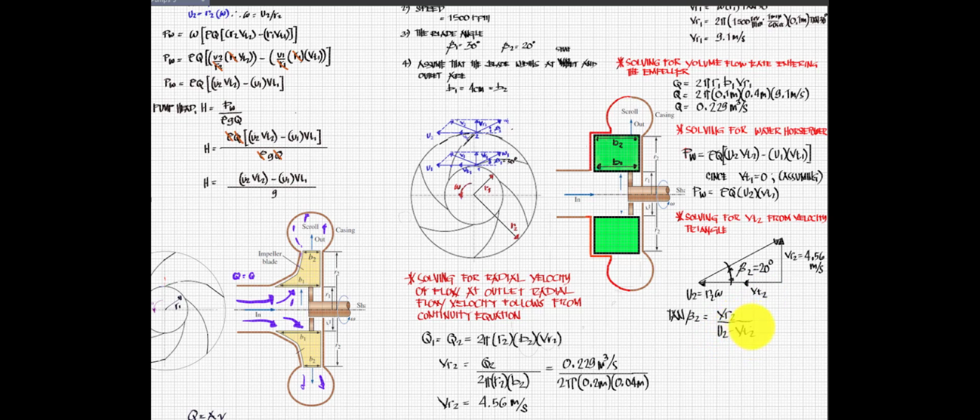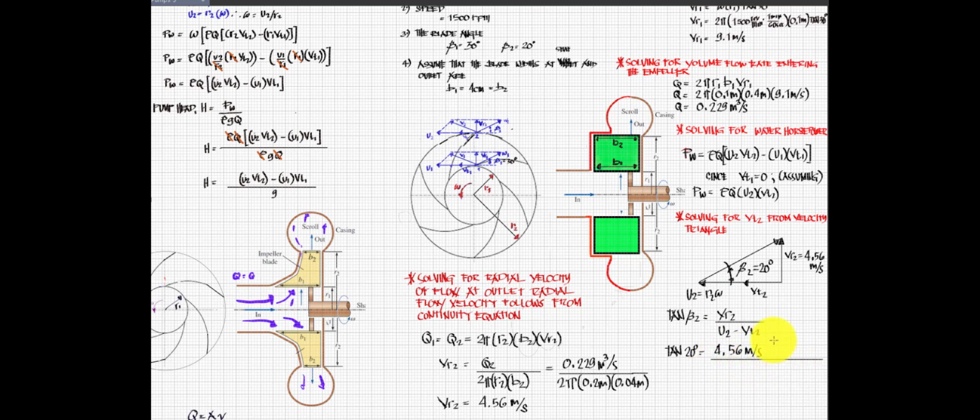We can substitute the values here. So we have the tangent of the angle, which is 20 degrees, equal to VR2, the fluid flow velocity at the outlet, which is 4.56 meter per second.